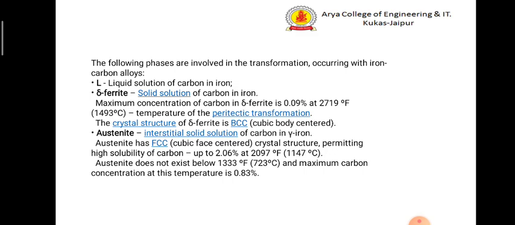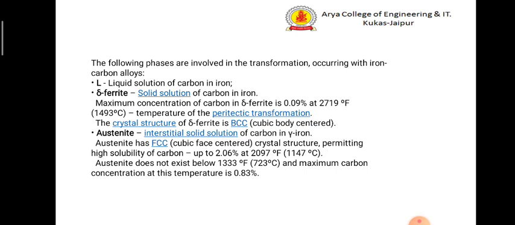Maximum concentration of carbon in delta ferrite is 0.09% at 2719 degrees Fahrenheit, 1493 degrees centigrade, the temperature of the peritectic transformation. The crystal structure of delta ferrite is BCC, body-centered cubic.